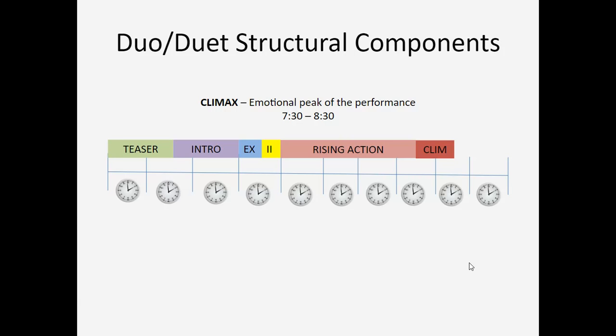We also make students mark this on their script so they know exactly where that climax is at. This is sort of our tipping point of our dramatic structure that we have. And so when people are doing it, it's going to happen for each character. Where is that climax occurring?